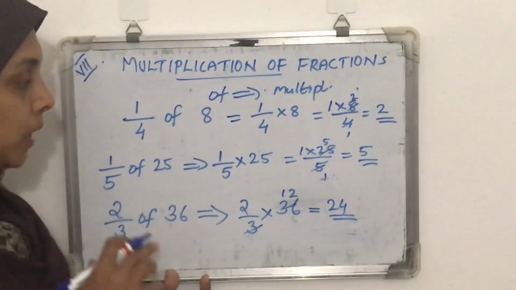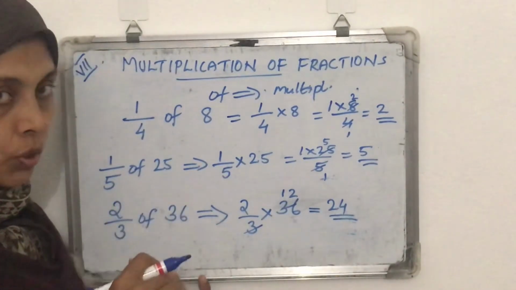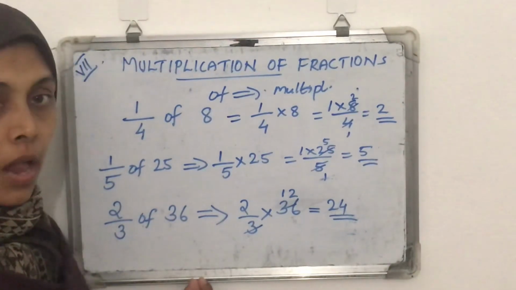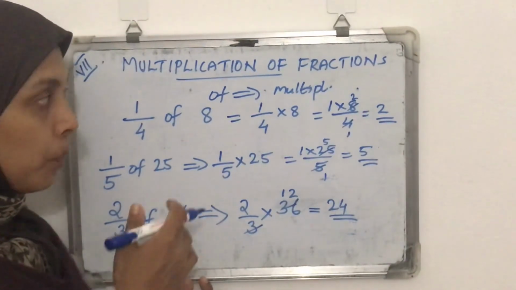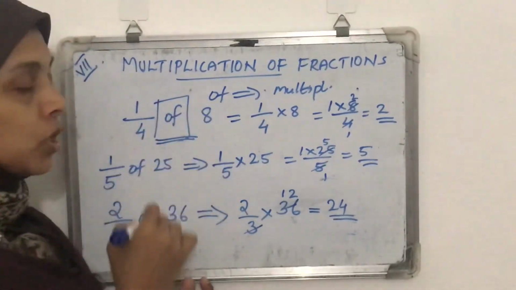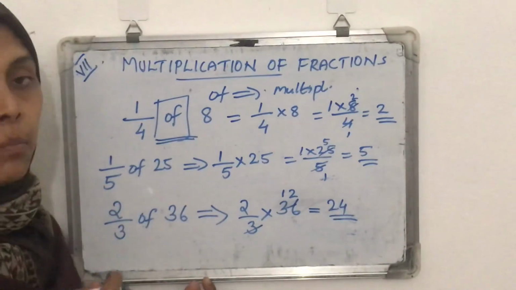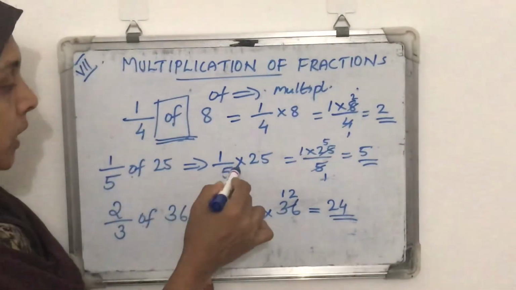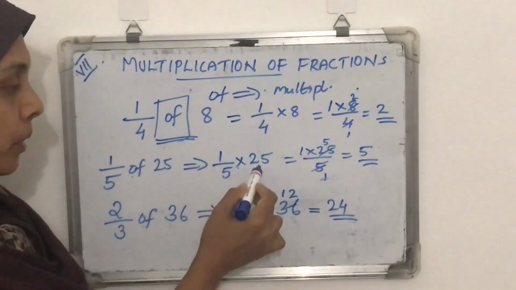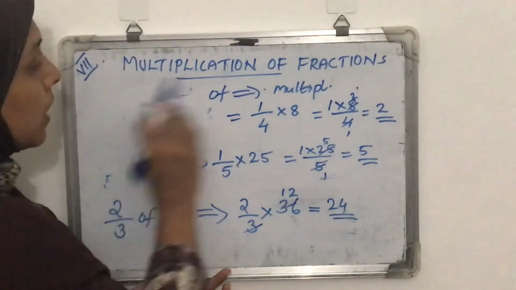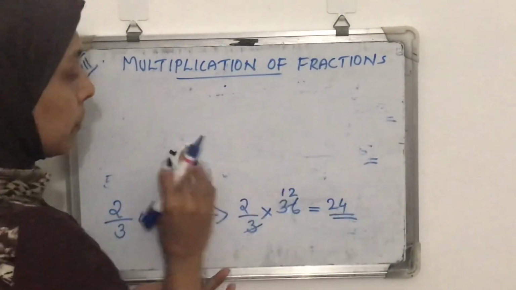Today we discussed the multiplication of a whole number with a fraction and the usage of the operator 'of'. 'Of' represents multiplication. So instead of 'of' we can multiply that number with the whole number. And with a fraction also, one fraction and another fraction, you can represent it with this 'of'.